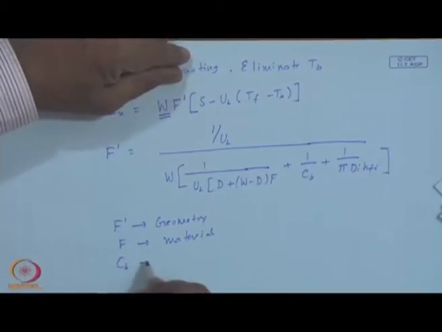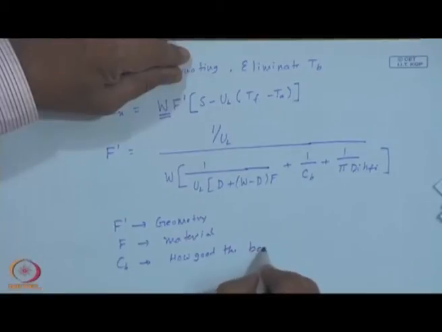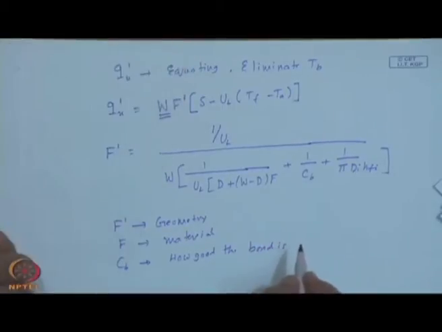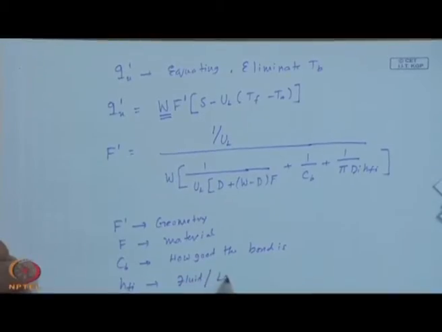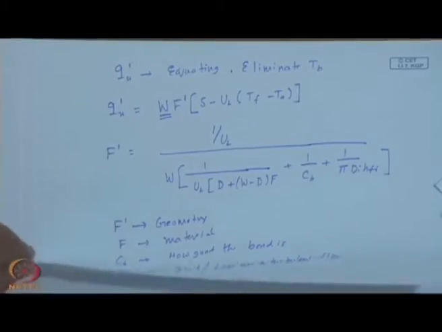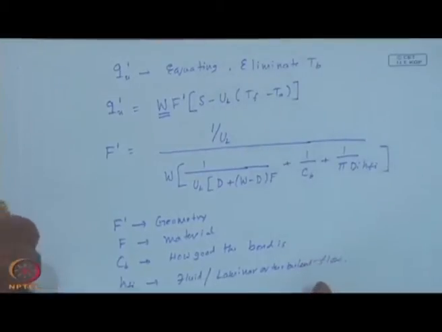C b, how good the bond is, and of course, this h_fi is an indicator of fluid flow, generally laminar or turbulent, or at times we may do something to enhance the heat transfer coefficient inside.